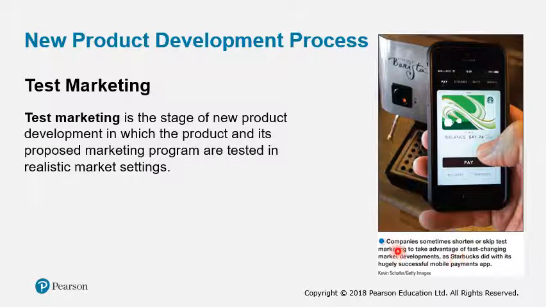For example, companies sometimes shorten or skip test marketing to take advantage of fast-changing market developments, as Starbucks did with its hugely successful mobile payment app. A very good example of this innovation in new product development is when Starbucks created their mobile app payment by topping up money to your virtual card on your mobile app.